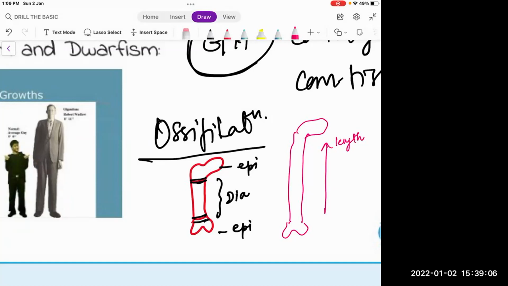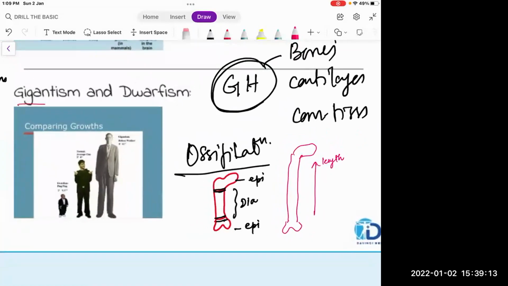Okay, this is happening before the fusion of epiphysis with the diaphysis. So that results in the condition called gigantism. Okay, clear? So before the fusion, excess of growth hormone is present in the body, so it makes excessive lengthening of the bones, resulting in gigantism.